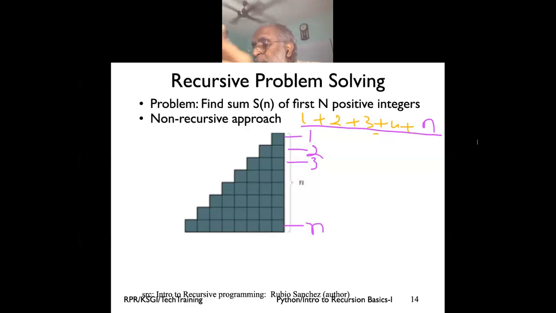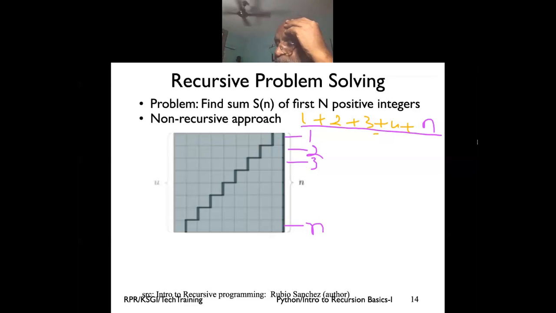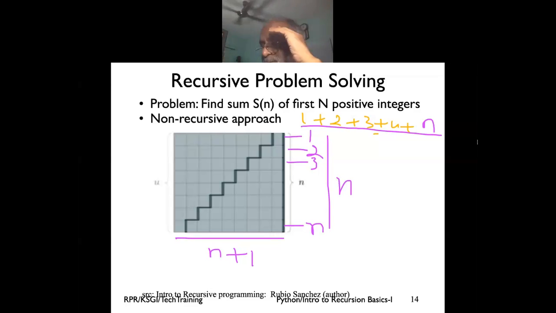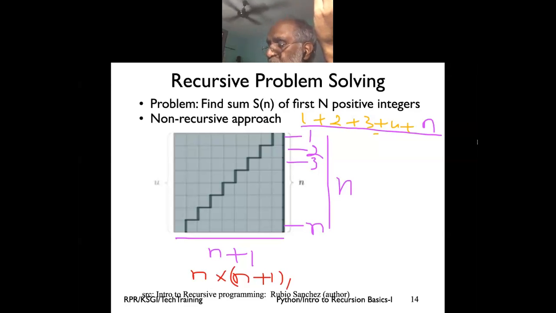Now, can I make it a complete rectangle? I make a mirror image and put it on top. So it becomes a rectangle where this side is n and this side is n plus 1. So what is the number of squares in this rectangle? N into n plus 1. And I have two such figures. I wanted only one figure. That means the number of squares in one figure would be half of that.